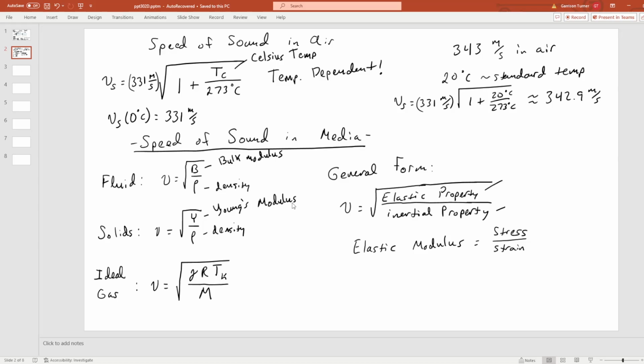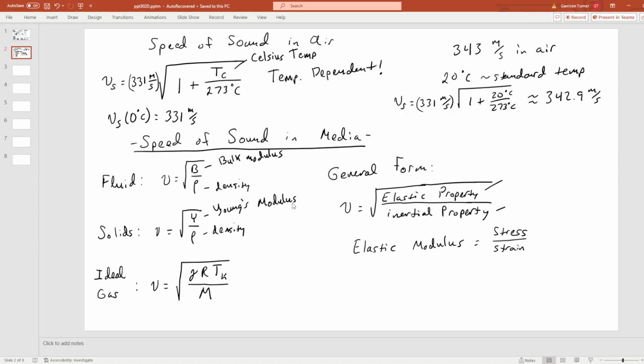Okay, that's the most common way that Young's modulus is measured. That property, what we call stress over strain, if you will, divided by density, the square root, gives you the speed of sound in solids.